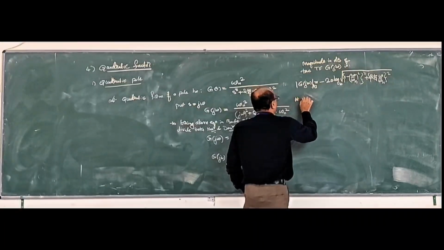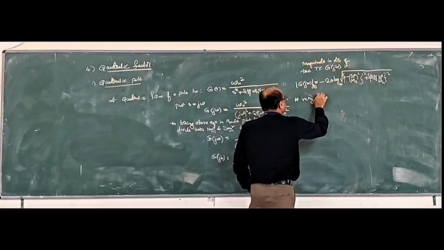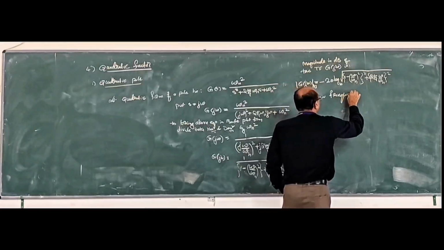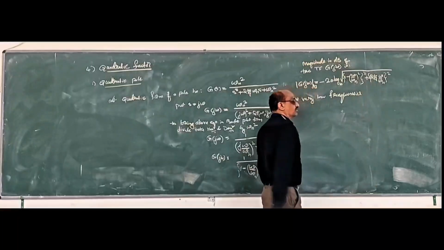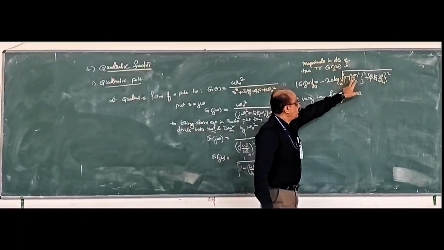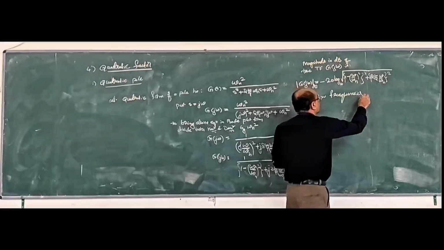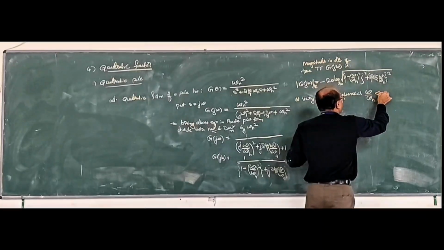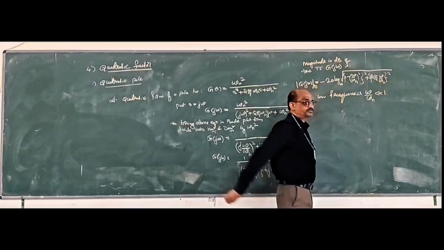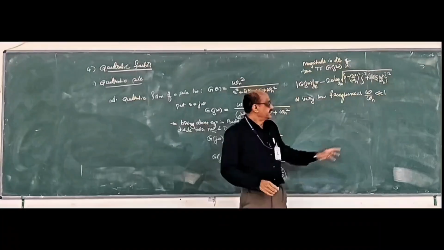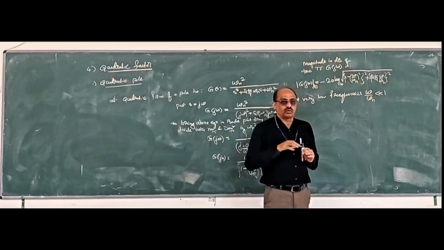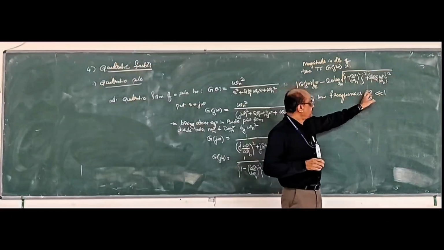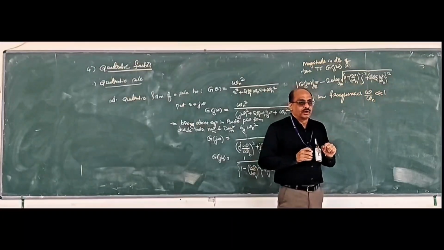At very low frequencies, that is omega by omega n is far less than 1, or omega is far less than omega n. What is omega n? Natural frequency. Remember, it is far less than 1.